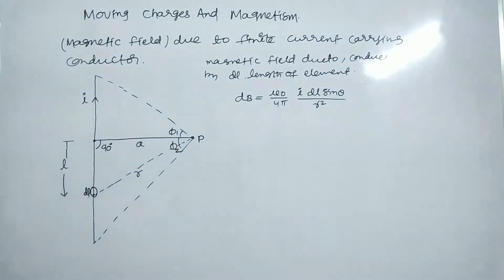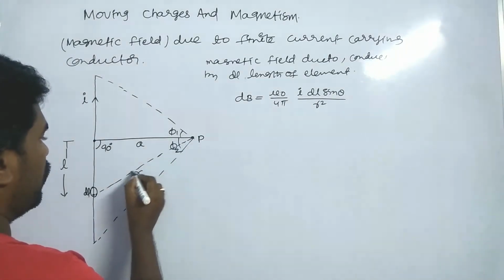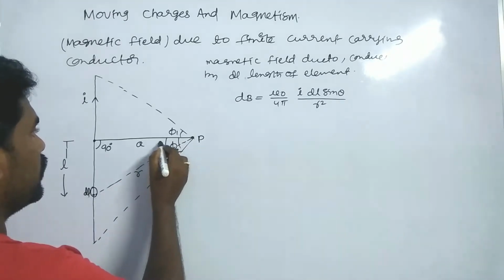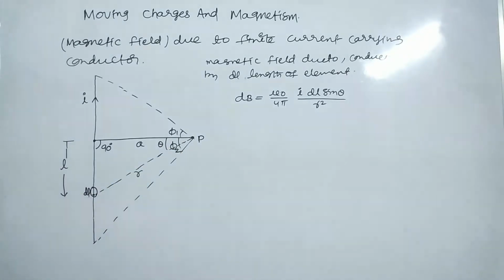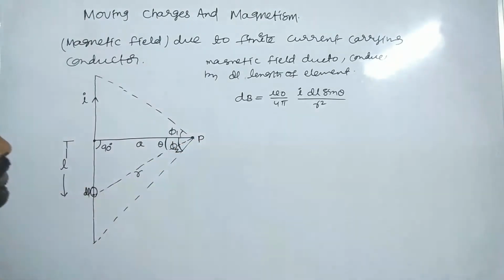Here you just have to find theta, which is the angle that dl makes with r. This is the phi 2 and this is the theta, you have to remember, right?